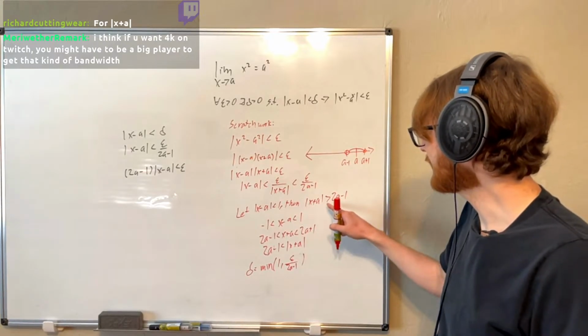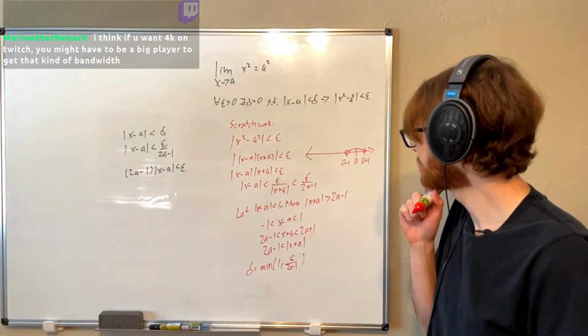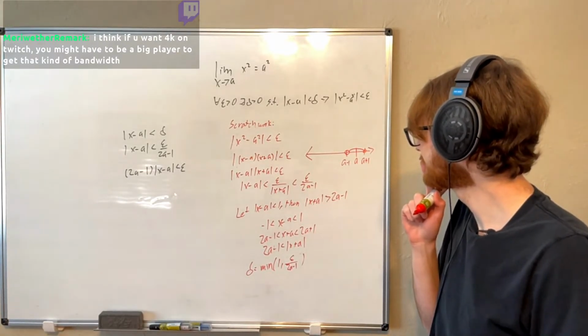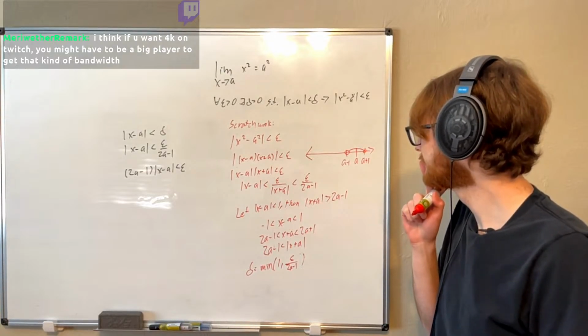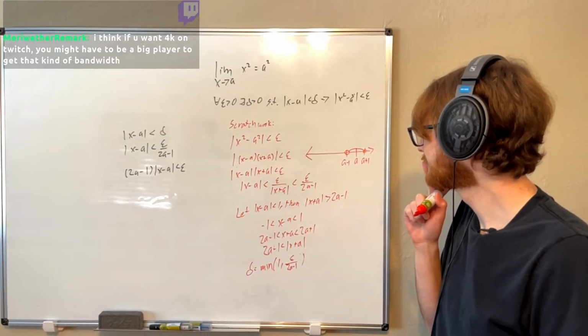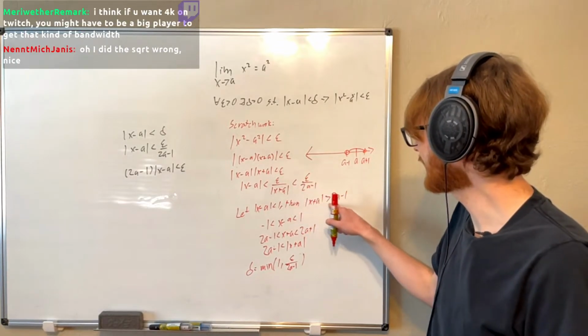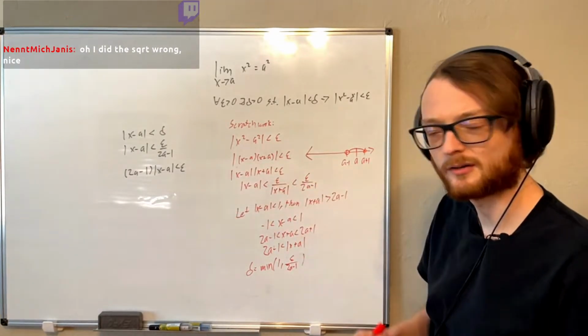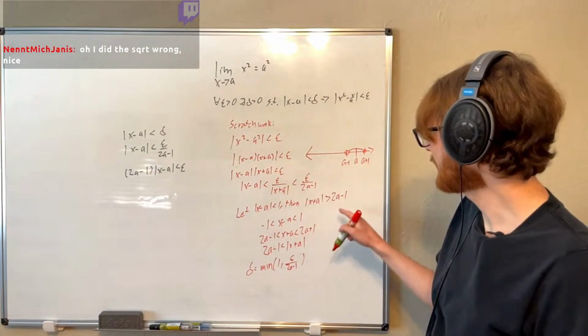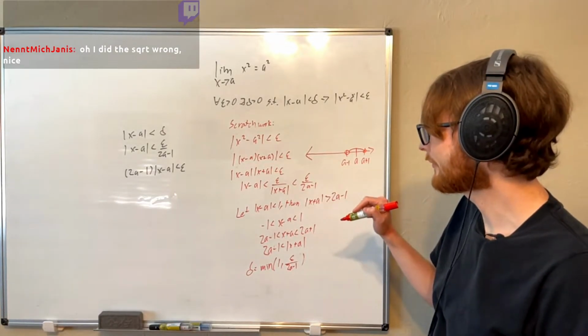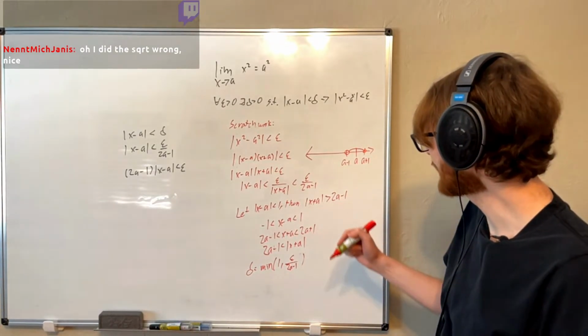And I feel like here we wanted something that's greater than x plus a, but I feel like over there we want something that's less than, well, 2a plus 1 is less than x plus a. Oh wait, am I just reading my inequality backwards?